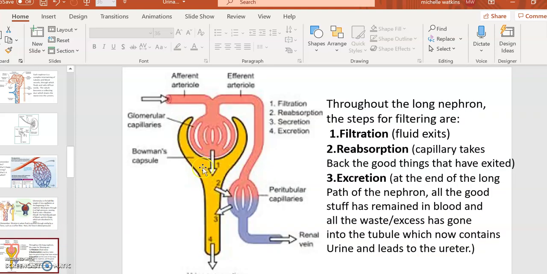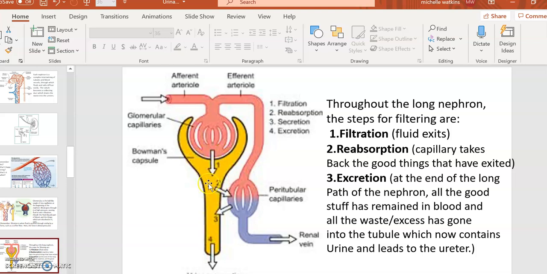Okay, this is a schematic diagram of a nephron. So here the nephron, instead of being long and intertwining, has just become one short straight piece just for the sake of the diagram, just to make it easy. So here's the glomerulus. What happens to the glomerulus? There is filtration, right? Fluid exits the blood, enters the nephron.